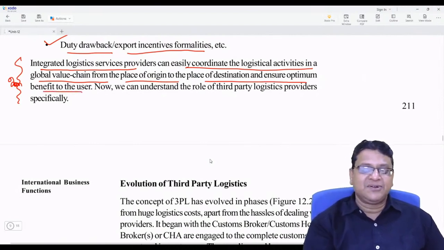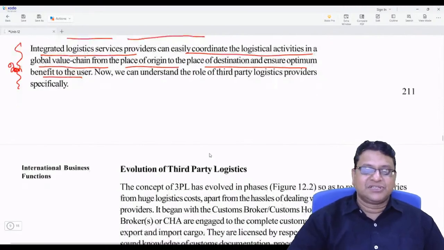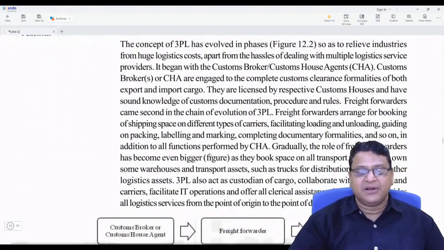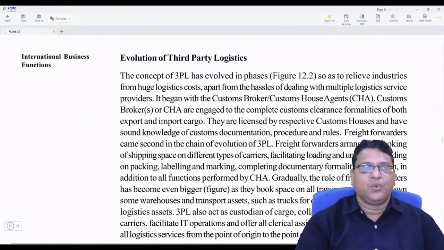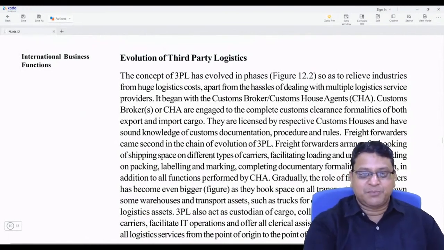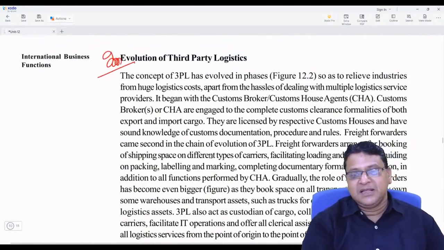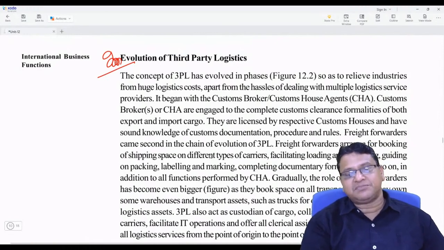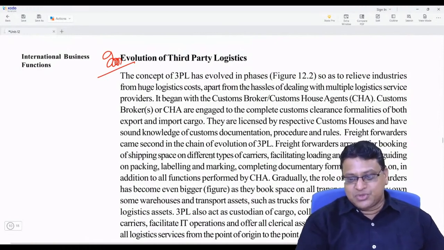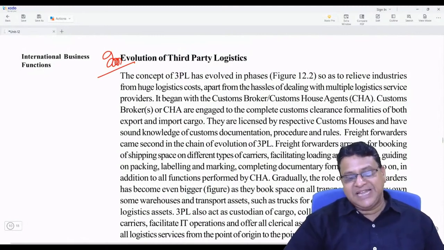So in case of international operations management, the third-party logistics provider plays an important role. Third-party logistics providers are professional logistics management firms. They use many sophisticated logistics management techniques.